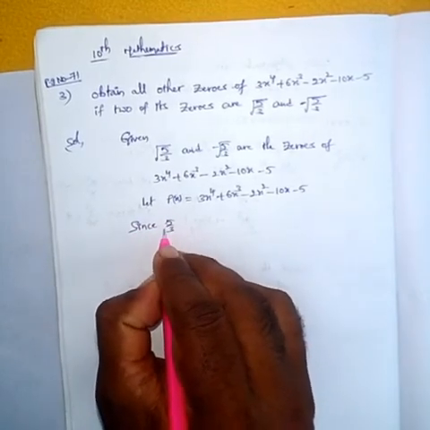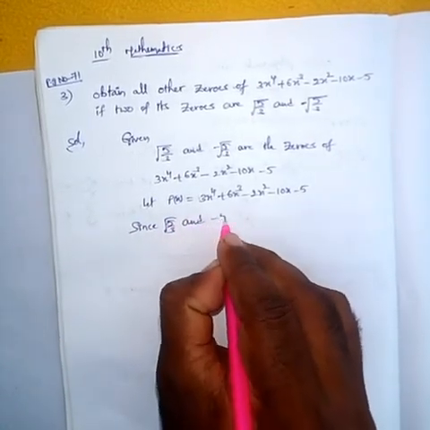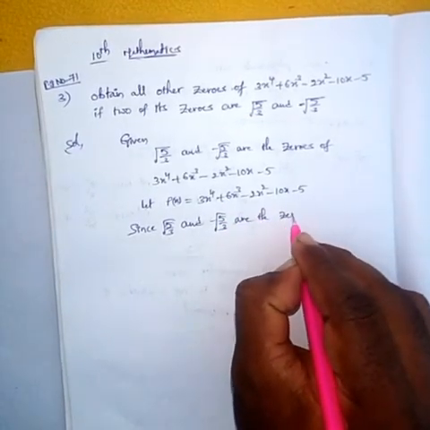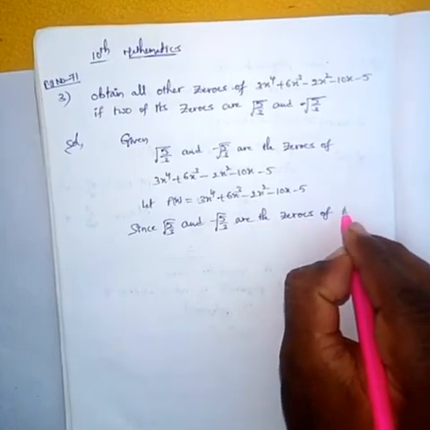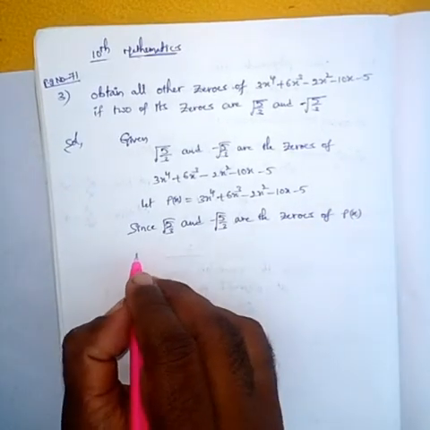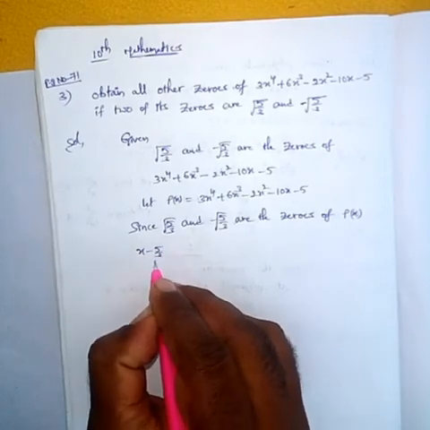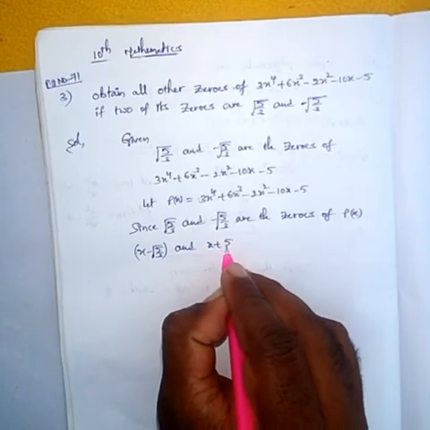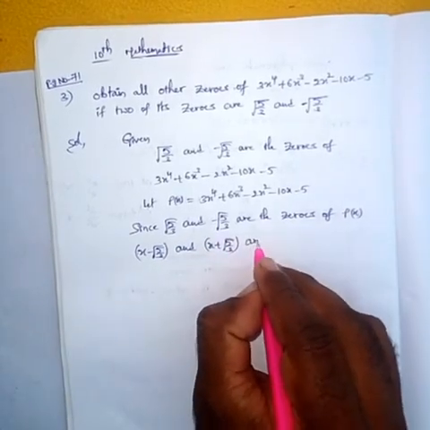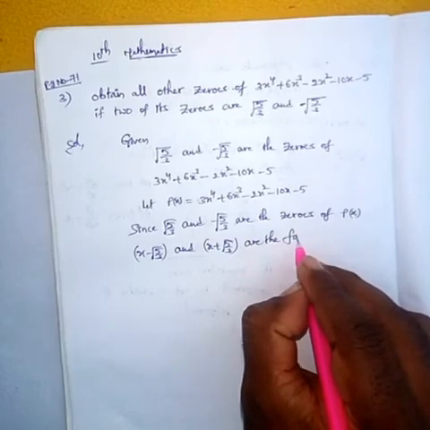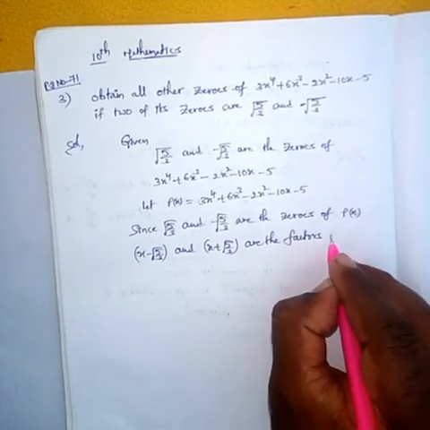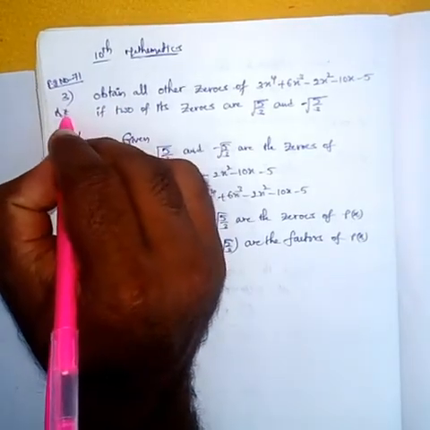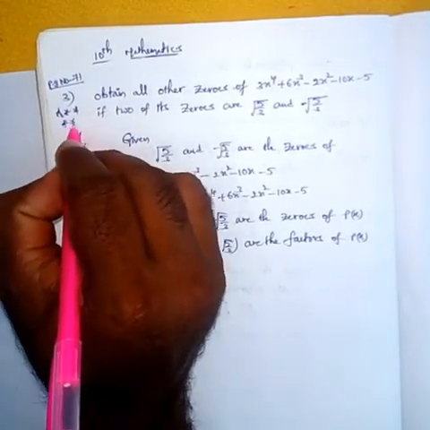Since root 5 by 3 and minus root 5 by 3 are the zeros of p(x), that's why x minus root 5 by 3 and x plus root 5 by 3 are the factors of p(x). Children, this is a very important problem.